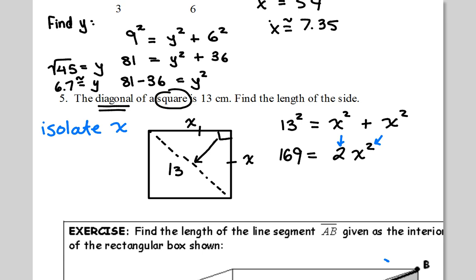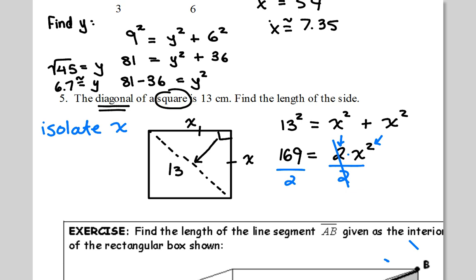Divide. Very nice. Why is it divide? Because this is 2 times x squared. And what is the opposite of times? Divide. So a lot of people will do this. And what you do to one side, you do to the other.